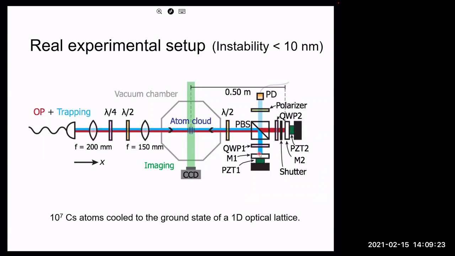We also have another piezo to control the position of the blue beam. Okay, so we can control the position of the atoms. We can also control the optical pumping, and this is a complete setup. Okay, I'm not explaining the other details, the wave plate and so on. If you're interested, I'll be happy to answer your question, or you can also find that in our paper.